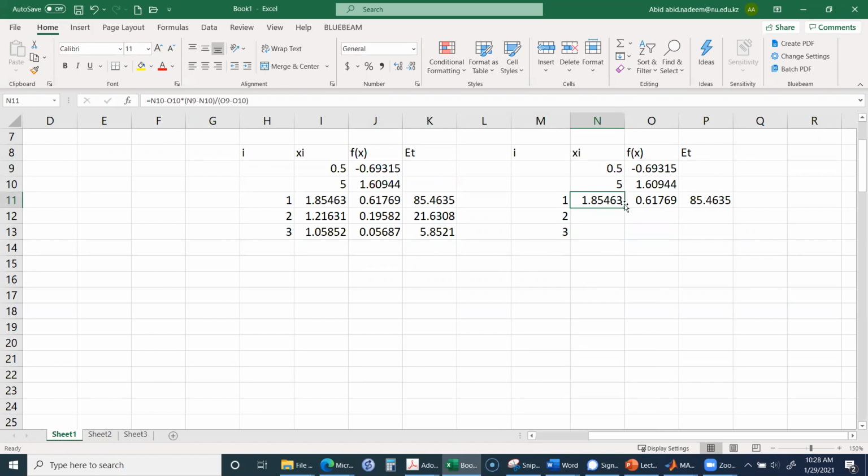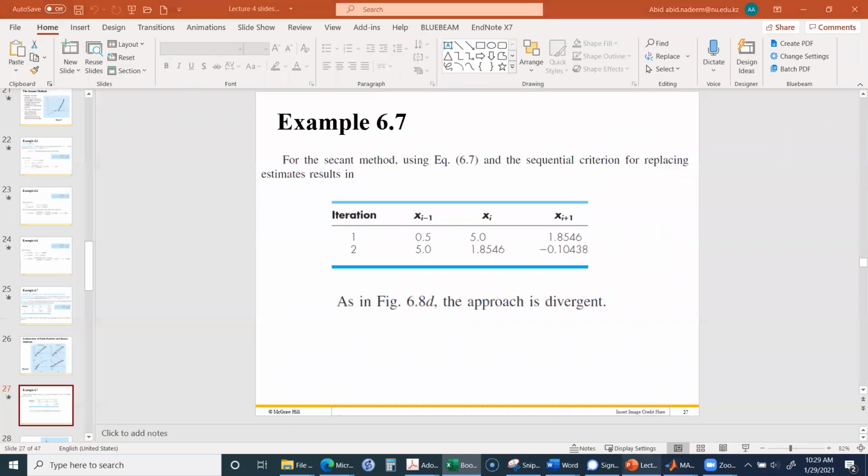So in the secant method, we will use this pair of values for the next iteration. So then I will simply calculate these values, and what I will get over here is a numerical error. Here we can see that I get minus 0.10438 over here.